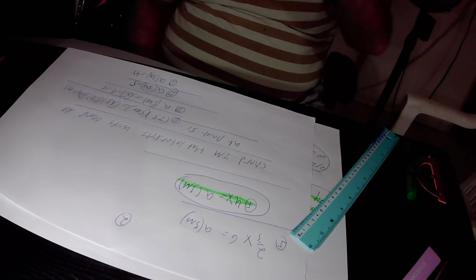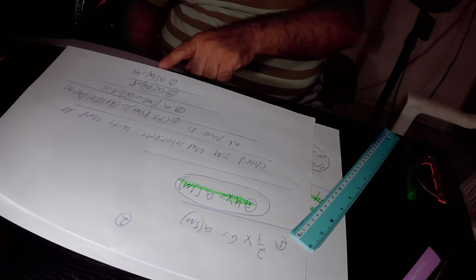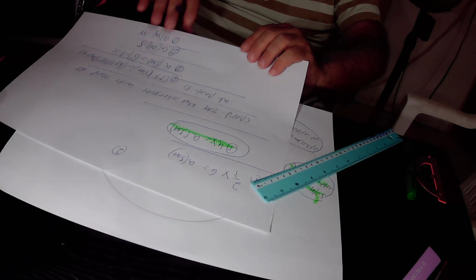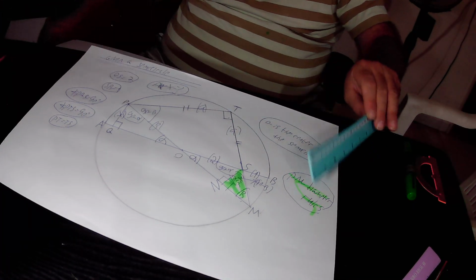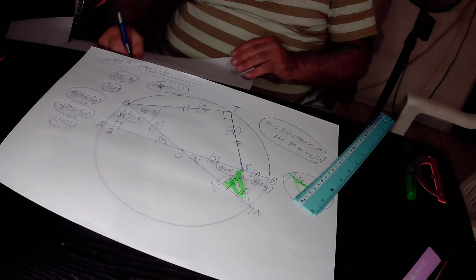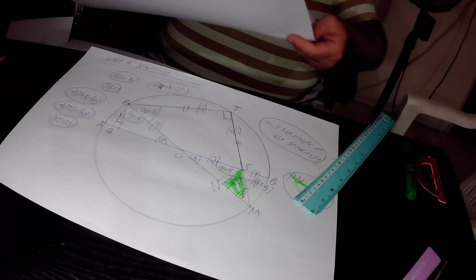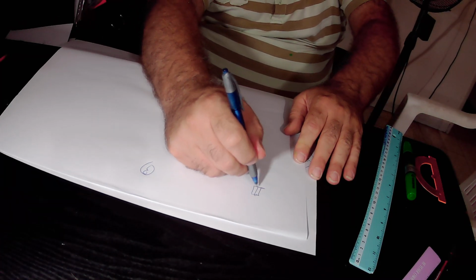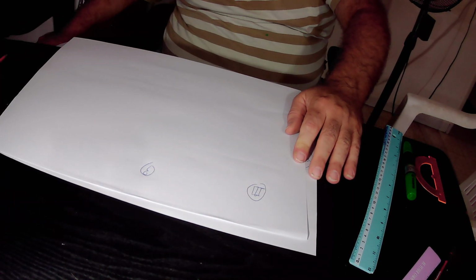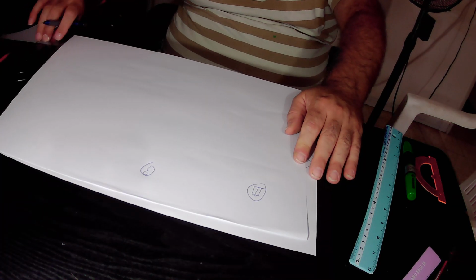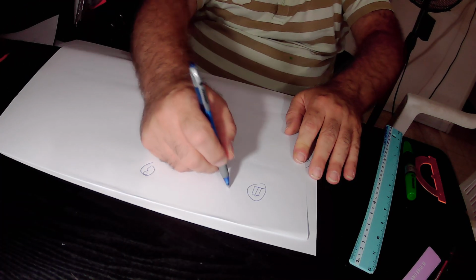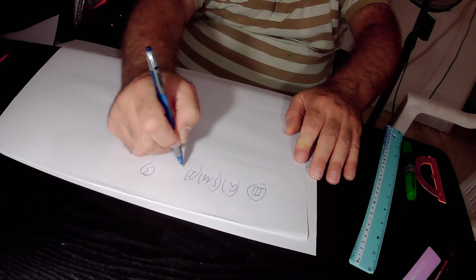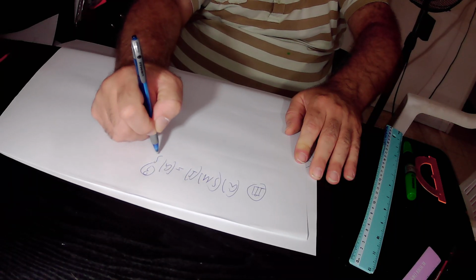Therefore, we get equation 3, which states that A times SM according to equation 1 must be equal to A times SM according to equation 2.